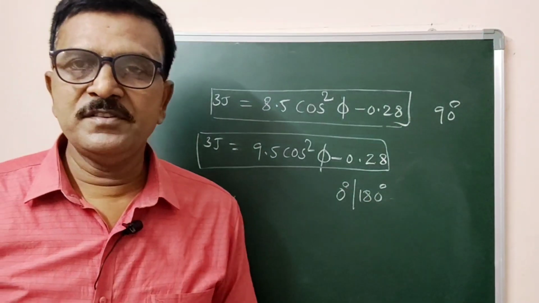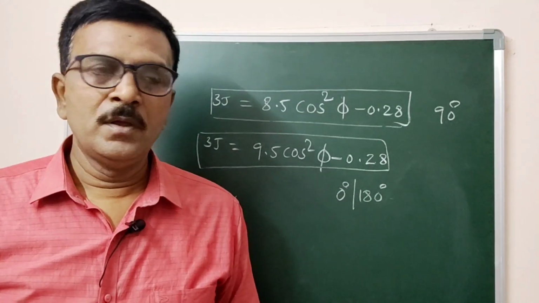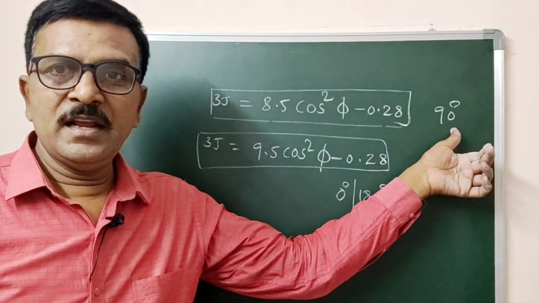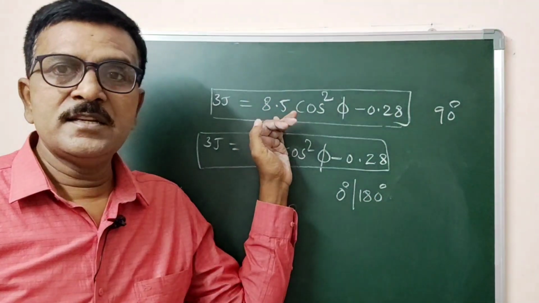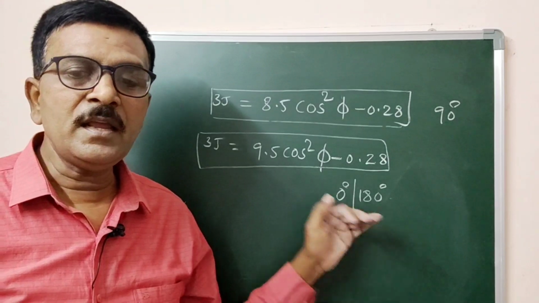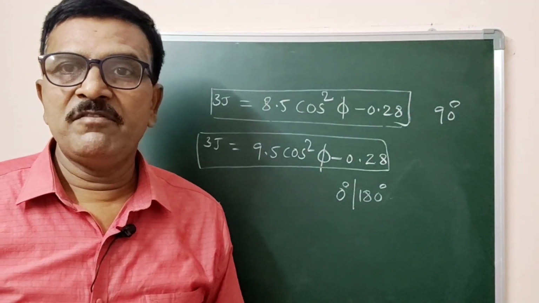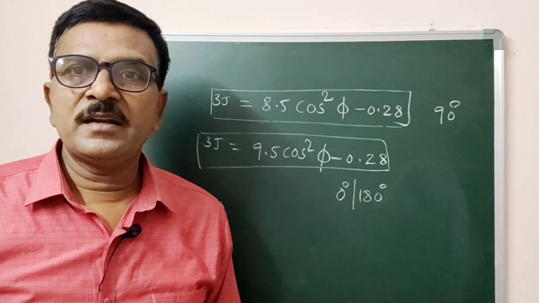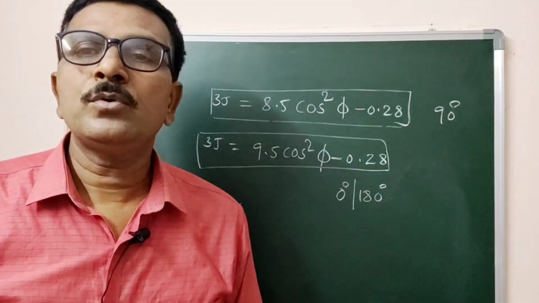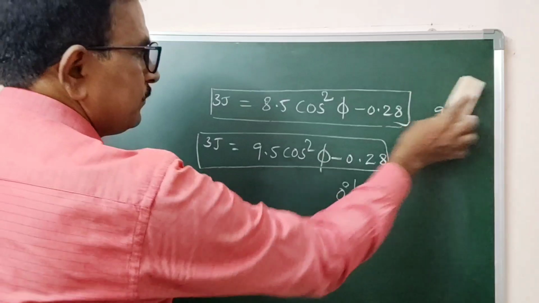These are the two equations suggested by Karplus. So in the first instance, we can consider 8.5, and in the second, we can consider 9.5. So this is about the factors that are affecting the coupling constant values. Let us move to the next topic.